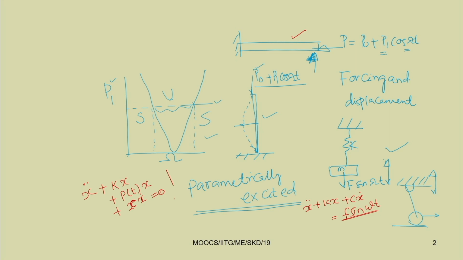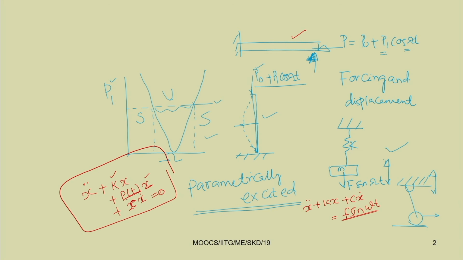Here you can note that for the response term x, the coefficient k is constant, but in this case p(t) is a time varying term. If the coefficient of x is a parameter, that is why this is known as a parametrically excited system.